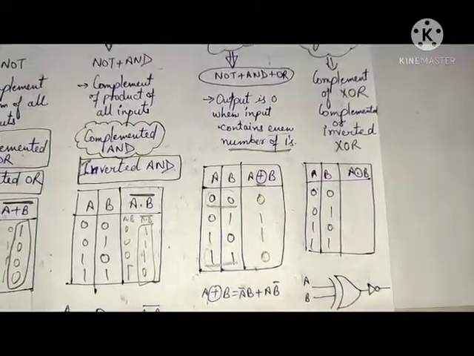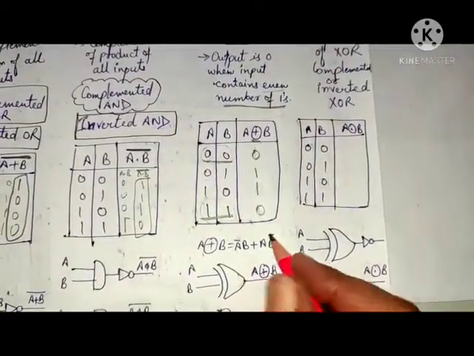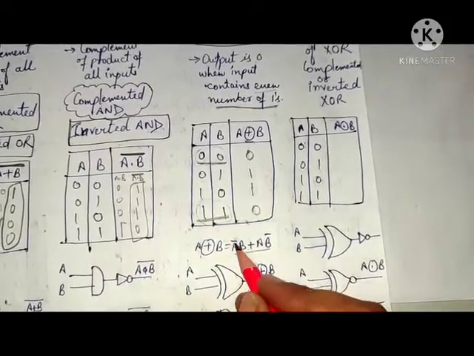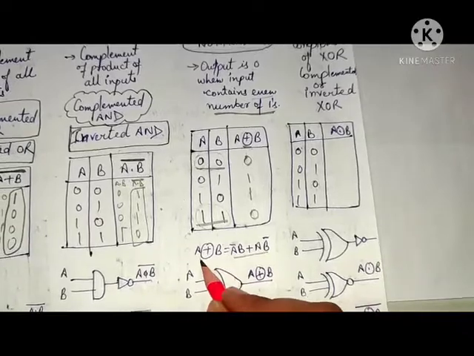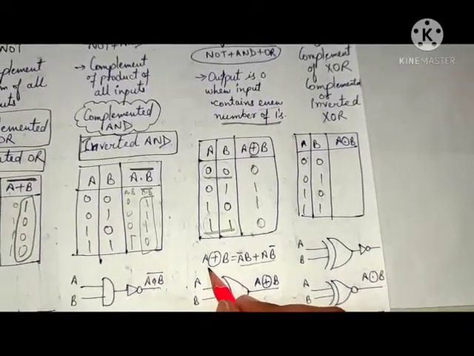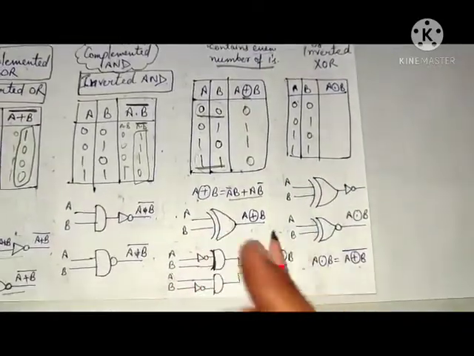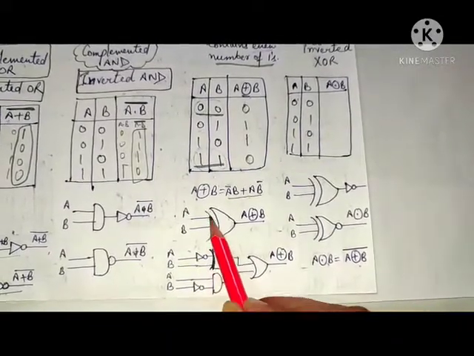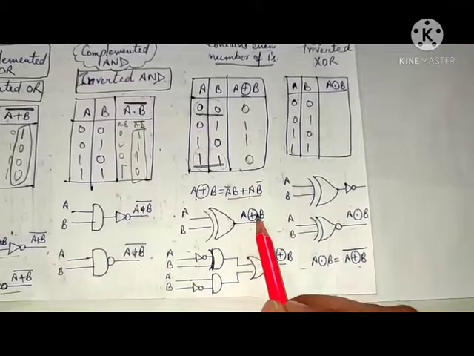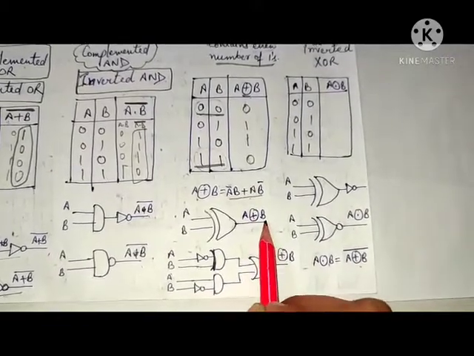Yes, and we can also write XOR like this. A complement B plus A B complement, this is equal to the XOR of A and B. What is the symbol for it? We have to just write one line before the OR. This is a symbol for XOR.